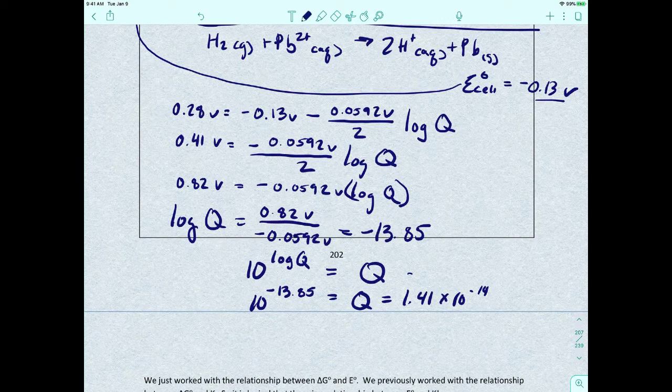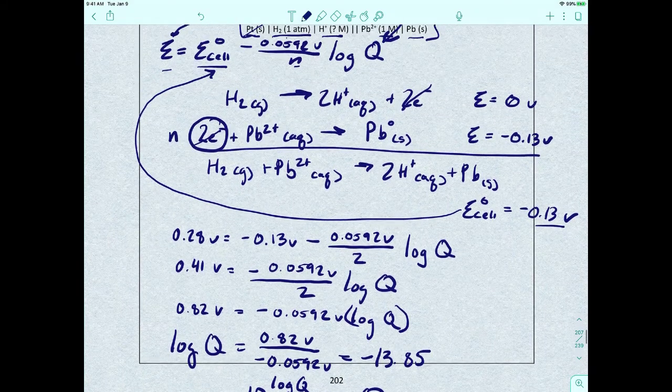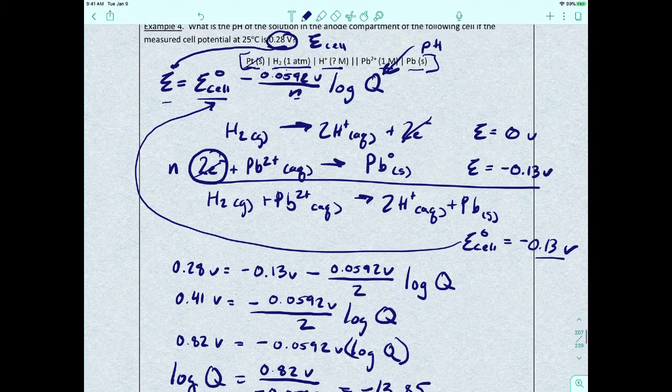Now, we've got to figure out what this Q actually means. So, going back to our problem, if we were to write a reaction quotient expression, that would be the concentration of H+ squared divided by the concentration of Pb2+. Okay, H2 doesn't matter because it's a gas. Pb is a solid, so the concentration is not going to change, and there you are.